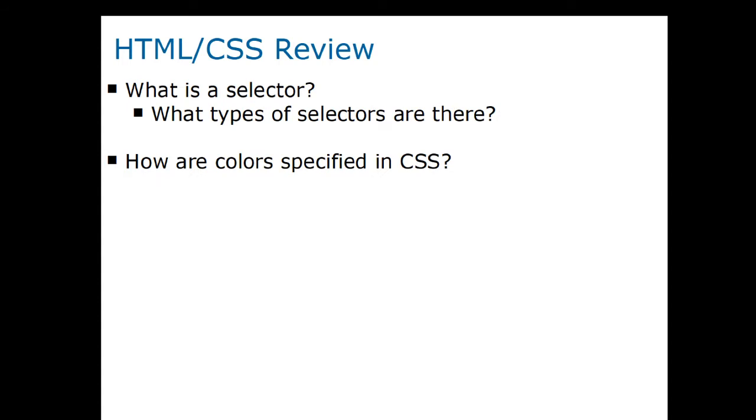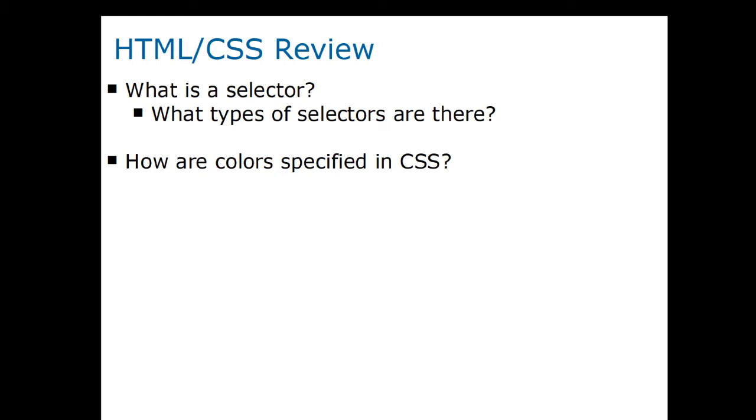What's a selector? What is a selector? So it could be a tag like P. Those aren't the only kinds of selectors, though. What does a selector in general do? It tells the CSS which element you're going to manipulate. Yeah.